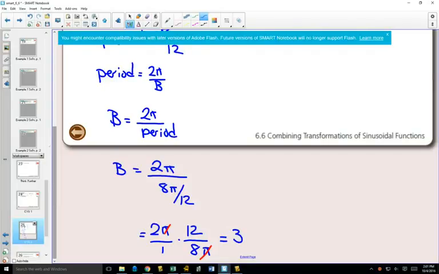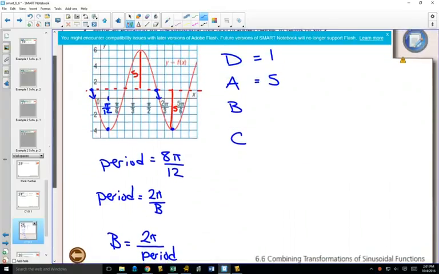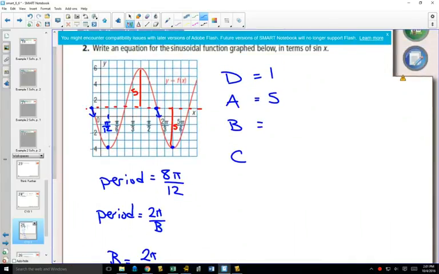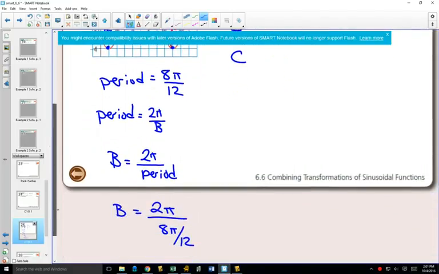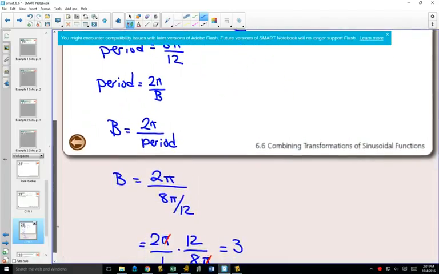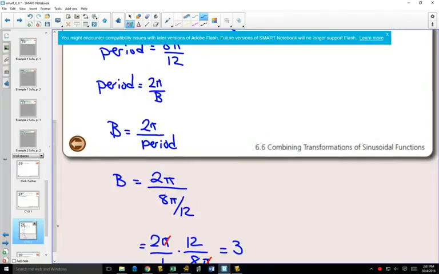So that was a little bit more work than the d and the a value. We had to use our period and use the fact that we know our period is 2 pi over our b value to calculate that our b value would be 3. Yes?